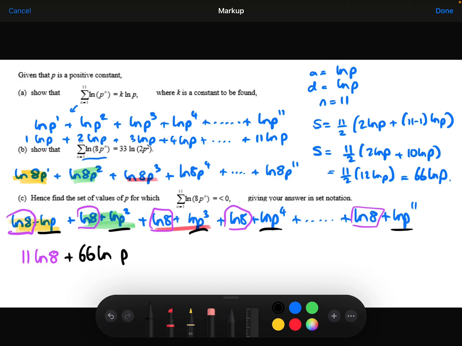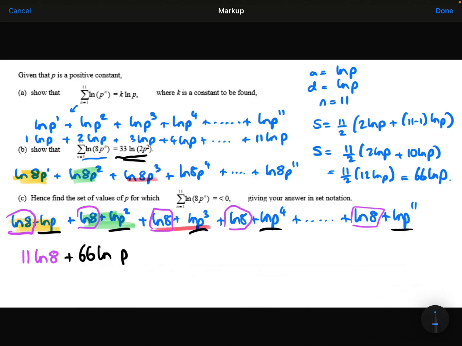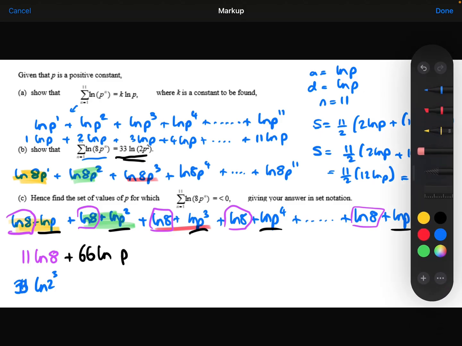All I need to do now is to try to make that look like this: 33 ln 2p squared. Well, the 8 here, I can think of that as being 2 cubed. And then I can bring that 3 to the front to be 33 ln 2, plus the 66 ln p.